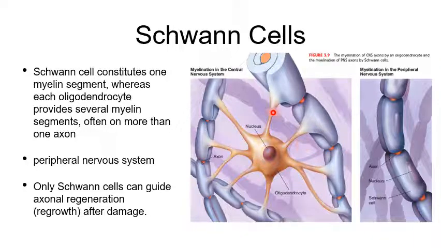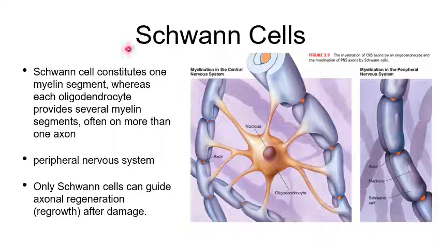But for the Schwann cell in this picture, only one: one myelin segment, one Schwann cell. Both produce myelin sheaths, which speed up the transmission of nerve impulses.